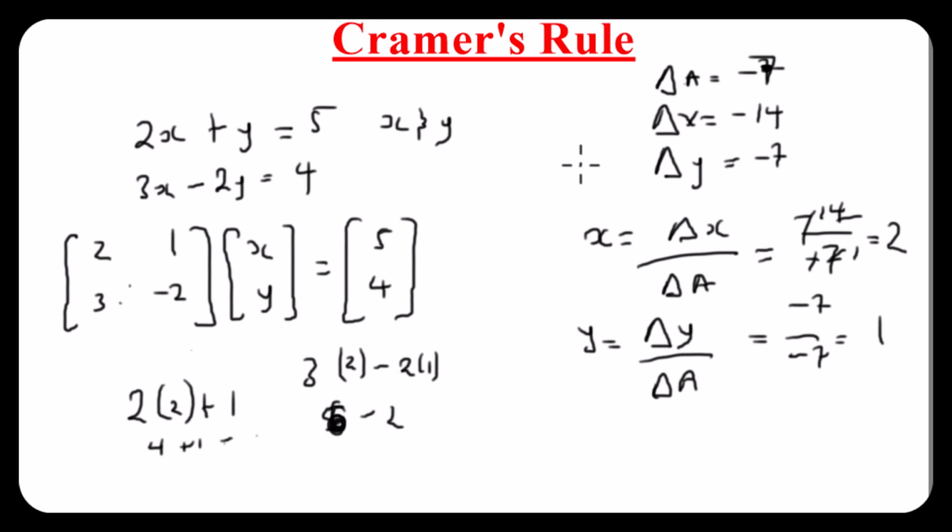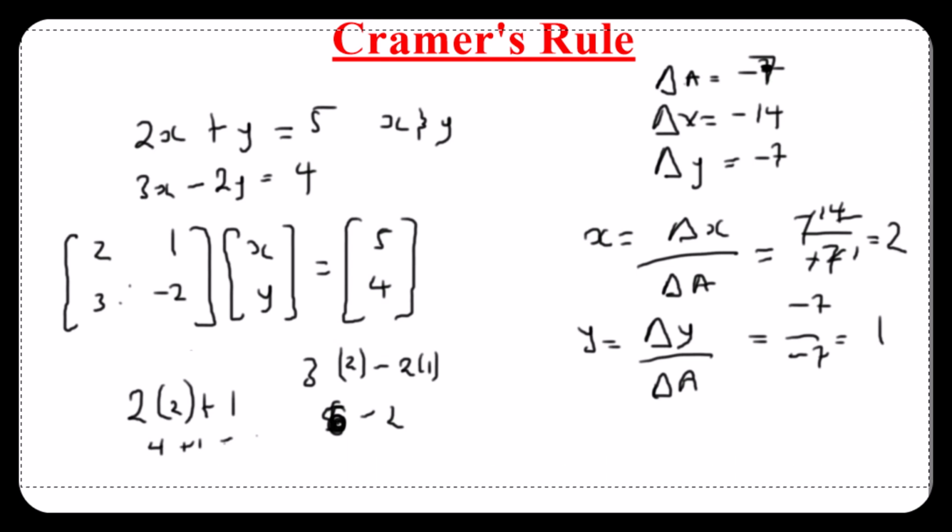So you can see the solution to this set of linear equations is 2 and 1, what we've gotten using Cramer's rule. Okay, so let's see how we apply Cramer's rule to 3 by 3 matrices.